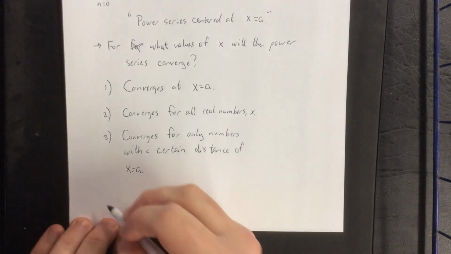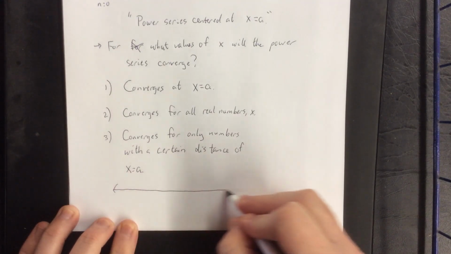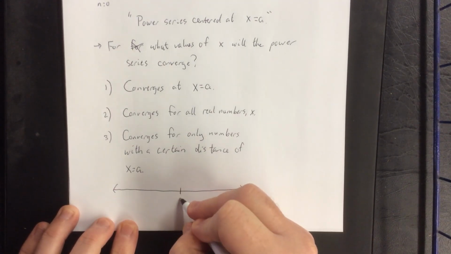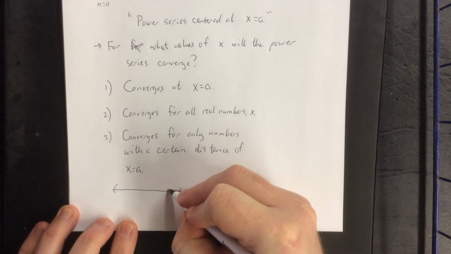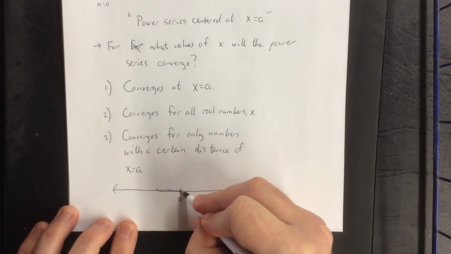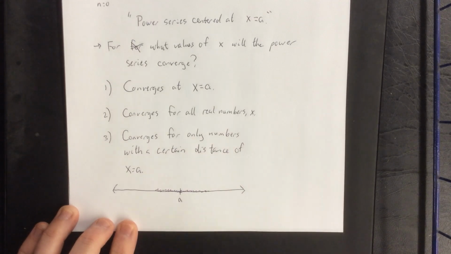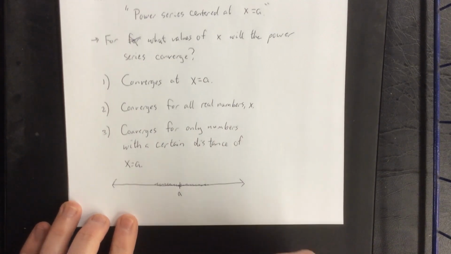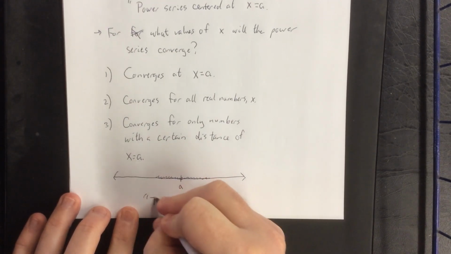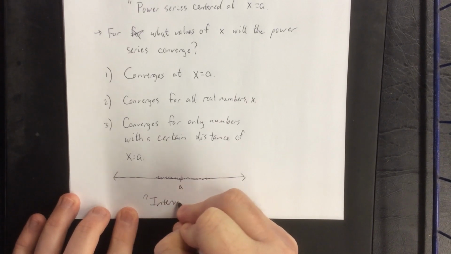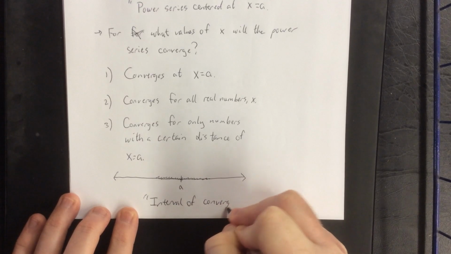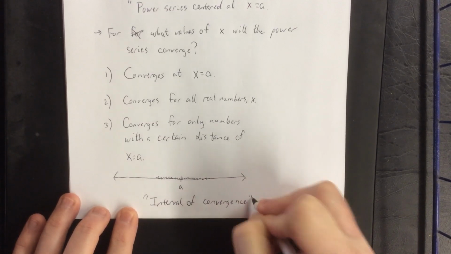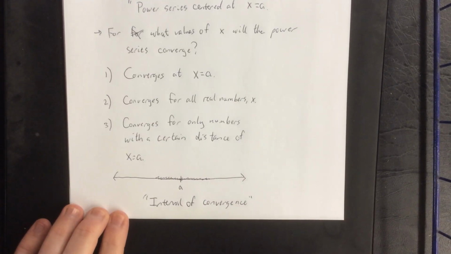That is to say, in the third possibility, if we were to consider x equals a, then only numbers within a certain distance of x equals a would converge. This is going to produce what's known as an interval of convergence.